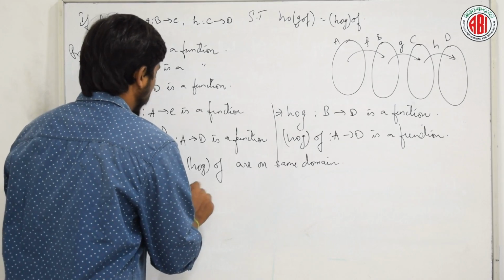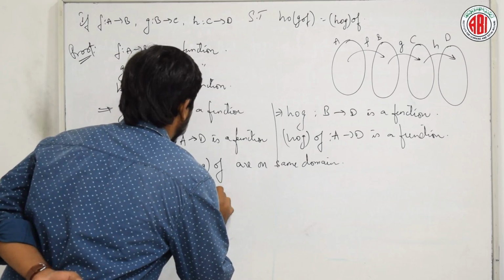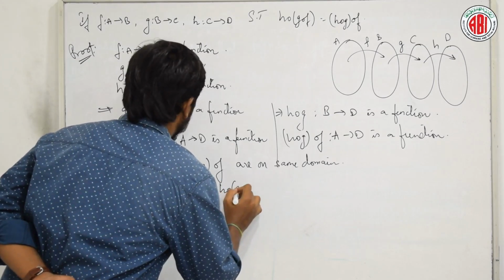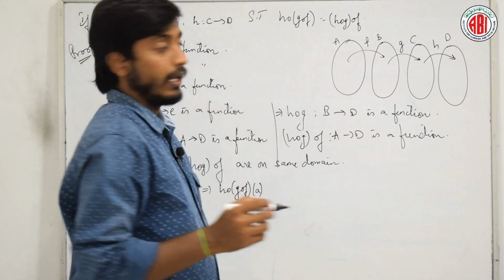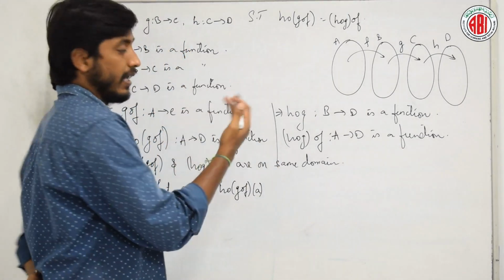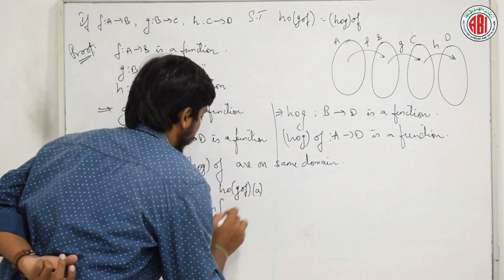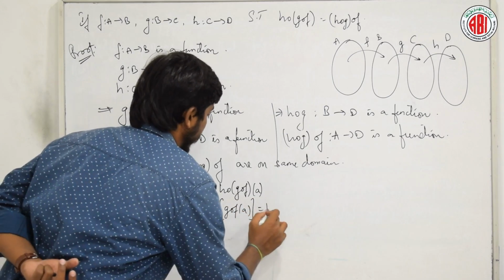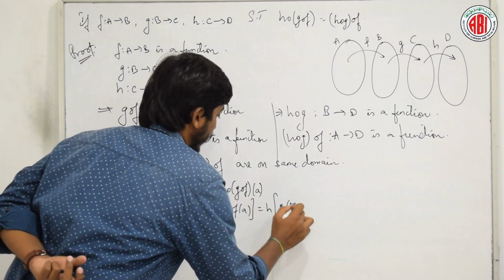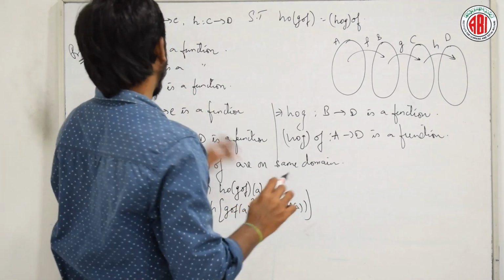Now let us take some a belongs to A, a number. Let us take h circle g circle f of a, for the left-hand side. That is equal to h of g circle f of a, that is equal to h of g of f of a. Clear? What is f of a?